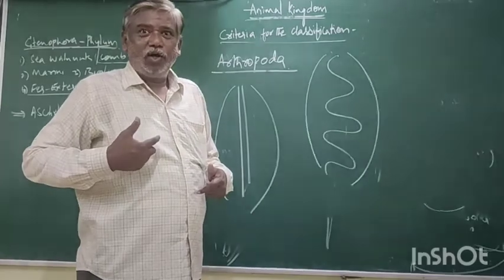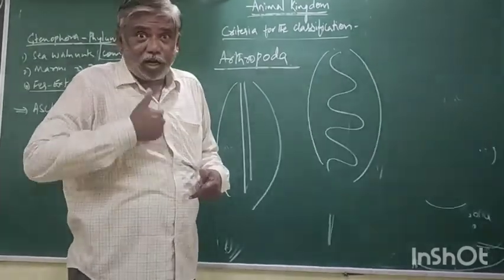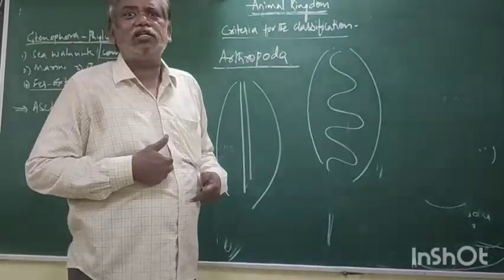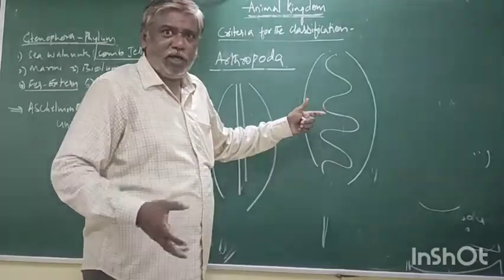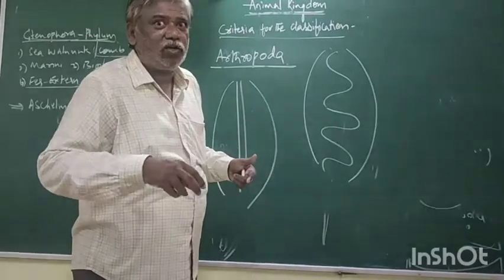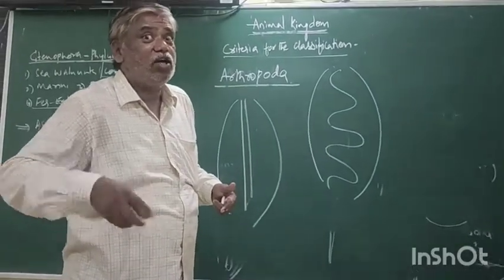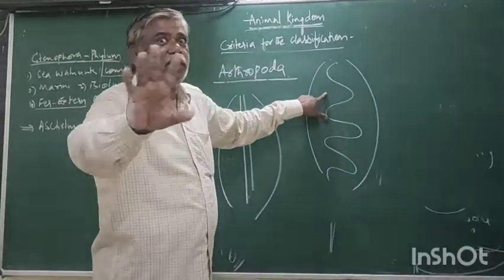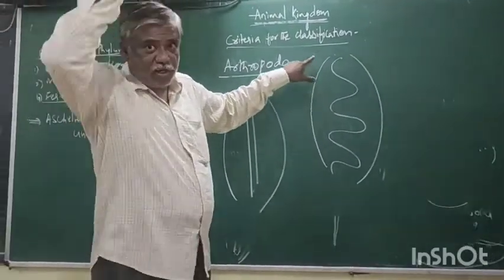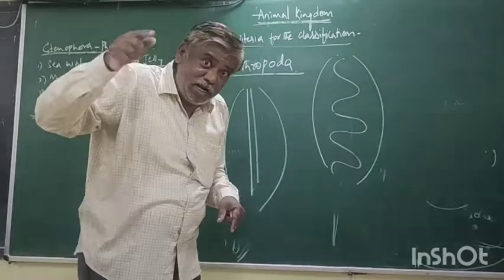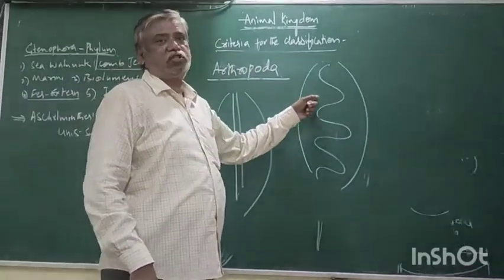If it is more than our body, it cannot be accommodated as a straight tube. So in Arthropoda, the alimentary canal is coiled in nature. The alimentary canal first appeared in Platyhelminthes, but the coiled alimentary canal is first in Arthropoda.